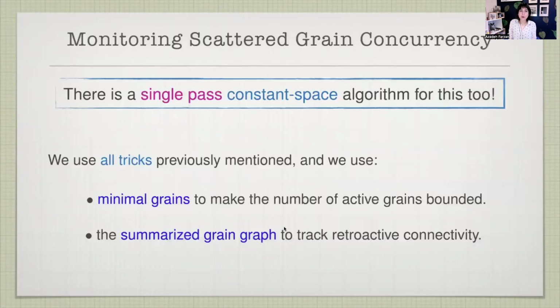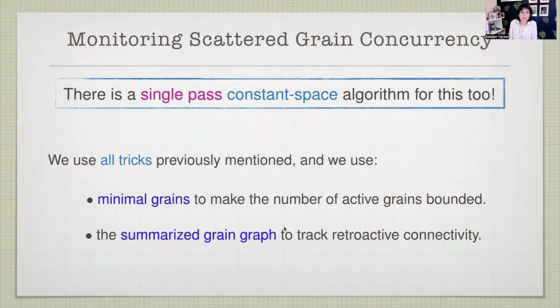All right, so almost done. To summarize, with these tricks, we can argue that based on a summarized grain graph, we can have a single pass constant time algorithm that would monitor based on scattered grains as well.